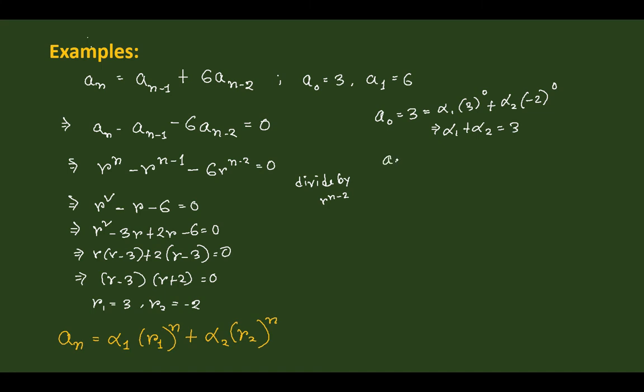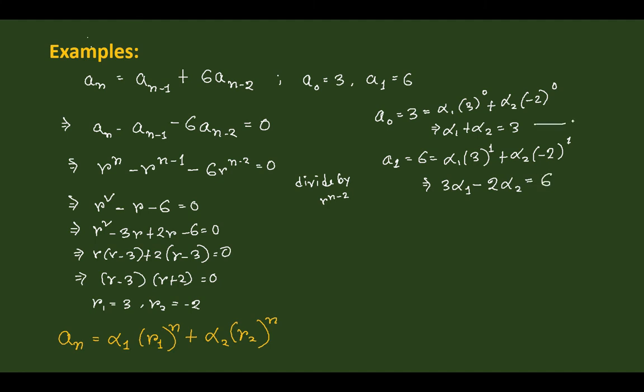After that, a1 equal to 6. So alpha 1, 3 to the power 1, plus alpha 2, minus 2 to the power 1. So this will be 3 alpha 1 minus 2 alpha 2 equal to 6.